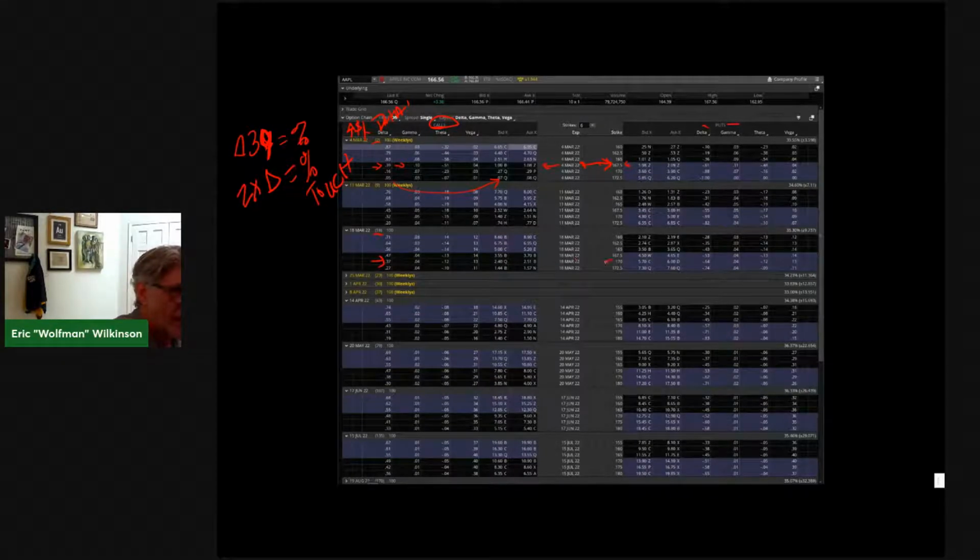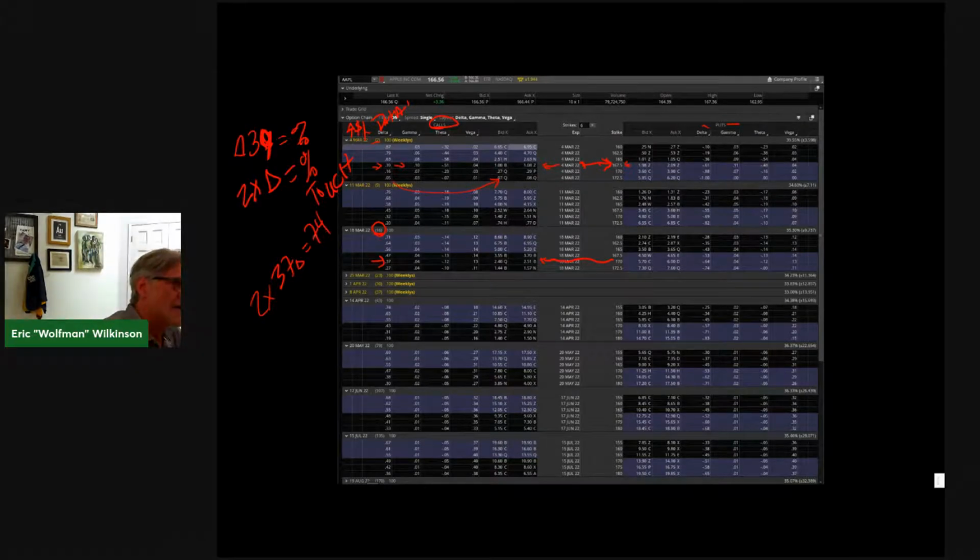And it says to me that these are the 170 calls, right? That in the next 16 days, 2 times 37, which is that 37 delta, equals, what is that? 70, what am I doing? Why am I brain 74?